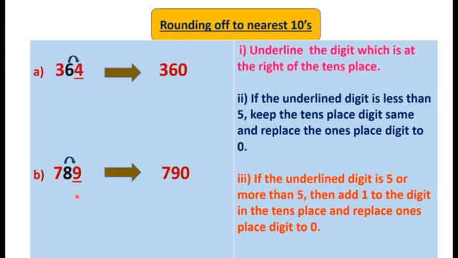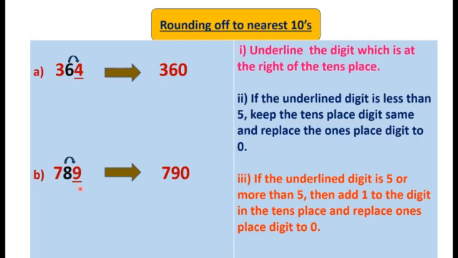The second condition can come if the underlined digit is 5 or more. First of all, we have to underline the right hand side digit of tens place. 8 is at tens place, and the right hand side digit of that is 9, the ones place digit.